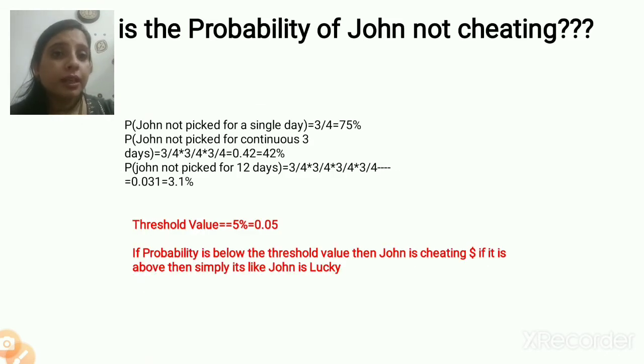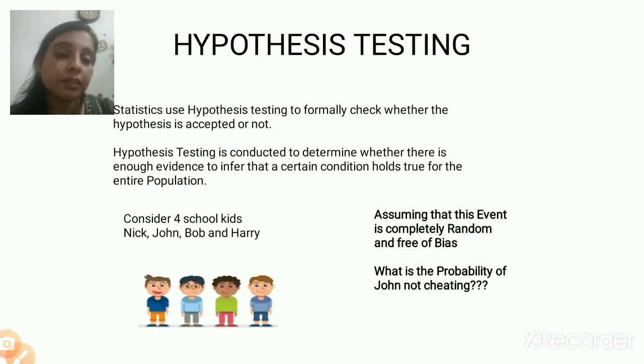Whenever we do hypothesis testing, the very first step is to assume a particular situation, whether the condition is in favor or against. Here we are assuming that the event is completely random.